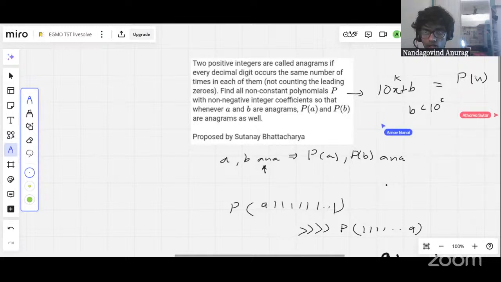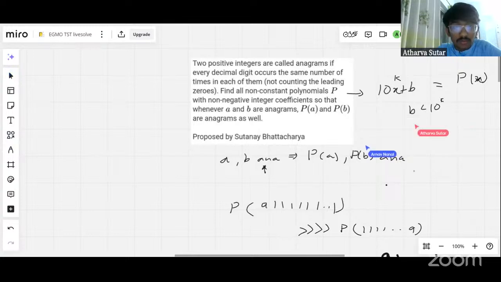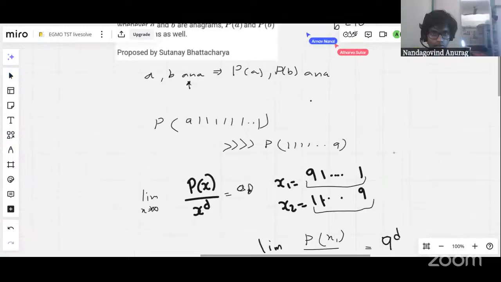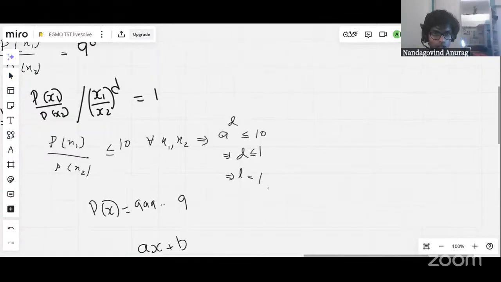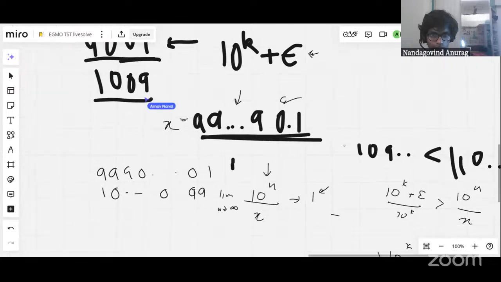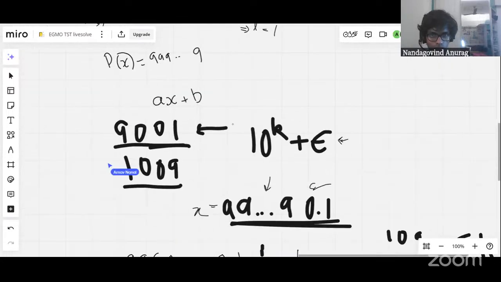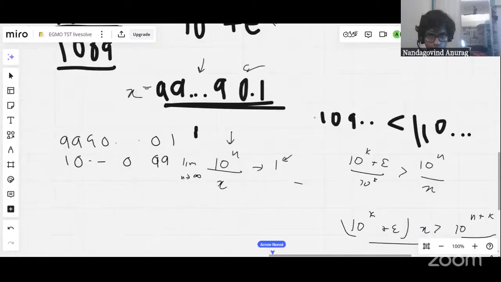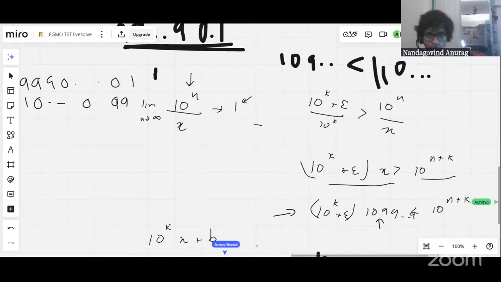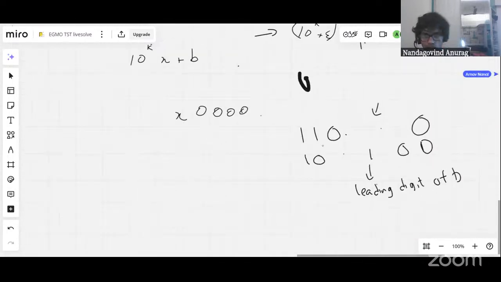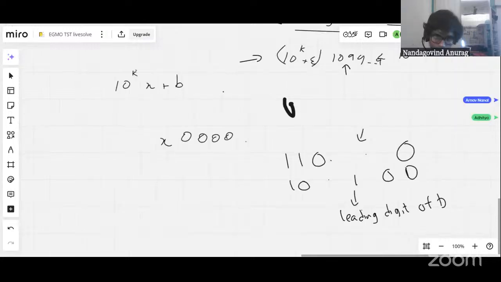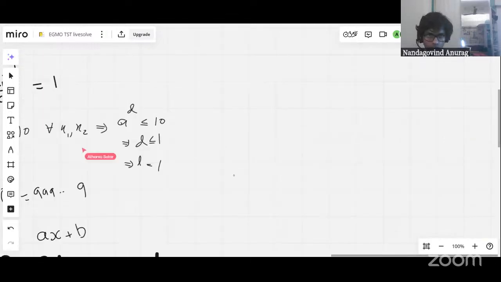This should be all such functions. And this is because we have linear from the size issue, then we have that the leading coefficient should be 1, then this epsilon thing to show that it better be a 10 power k, and then this argument for the leading digit of b has to be less than 10 power k.